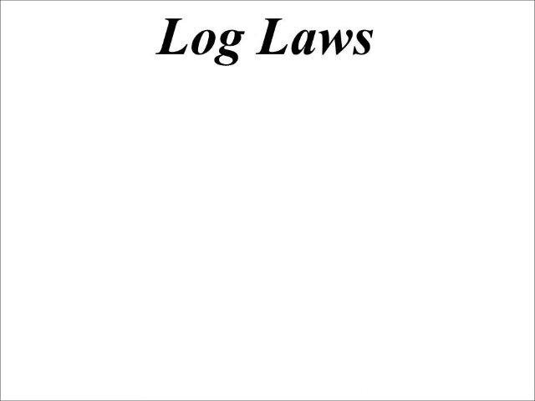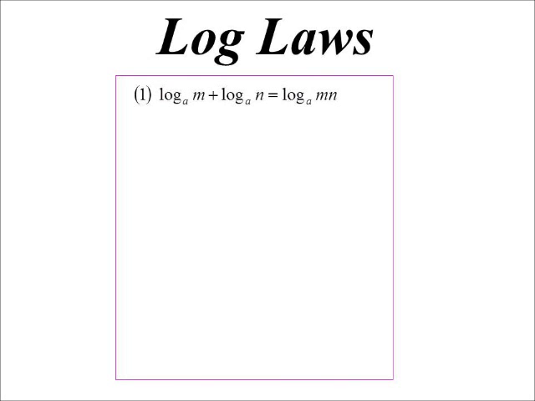So there are some log laws. You'll notice with the log laws, very similar to the index laws, but sort of like in reverse. Because when we were doing index laws, we said, oh, well, when we multiply, we add the powers. So this is sort of like the reverse. With logs, we add the logs. And that'll be the log of m times n. And the log of m minus the log of n will be the log of m divided by n.